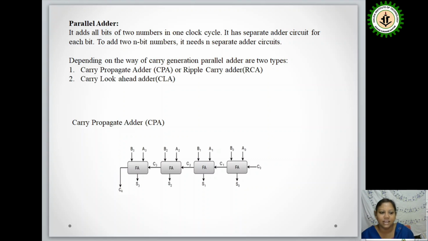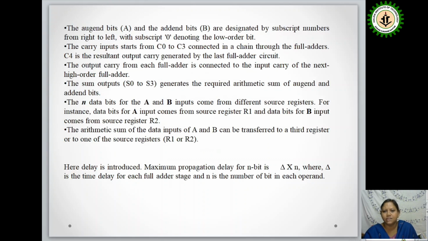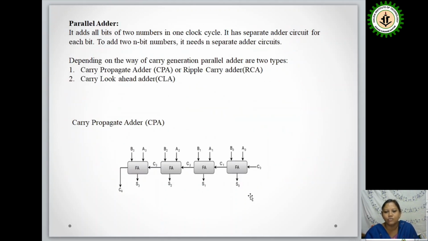So the first diagram is the carry propagate adder. The next slide describes the bit by bit addition. It is a 4-bit carry propagate adder. Two numbers A and B are each 4 bits: A0, A1, A2, A3 and B0, B1, B2, B3.